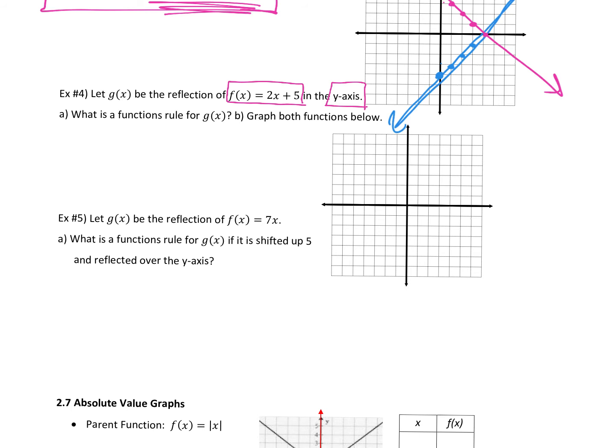What'd you get? G of x equals what? Negative 2x plus or minus 5? Plus 5.